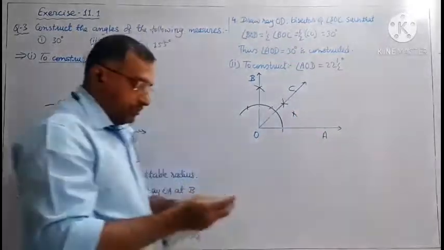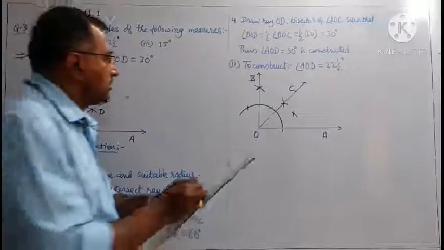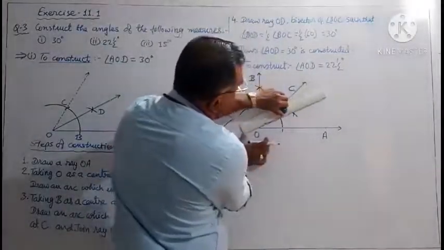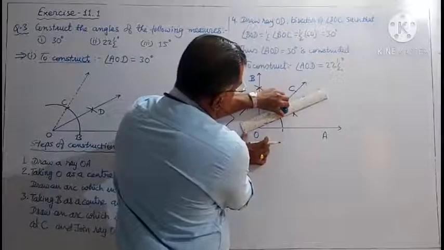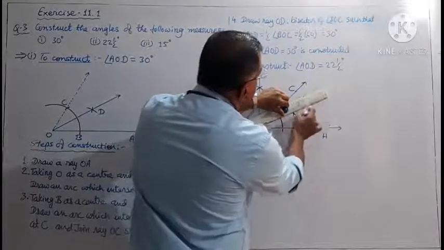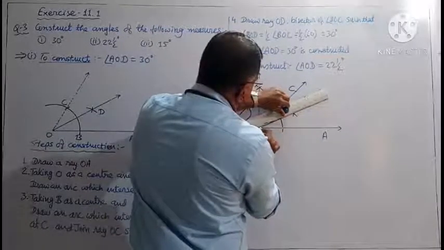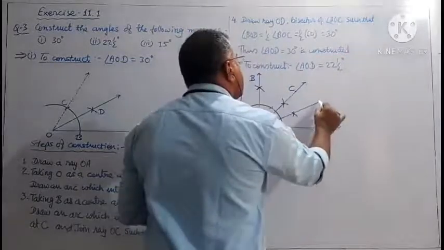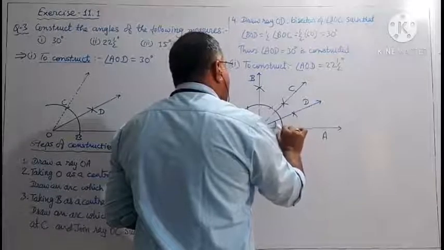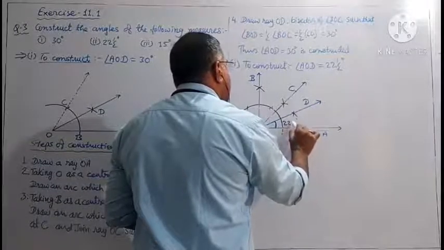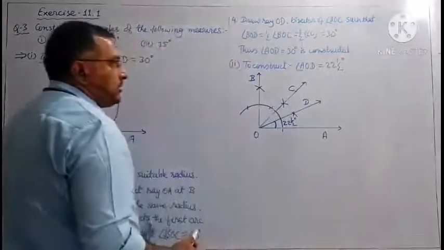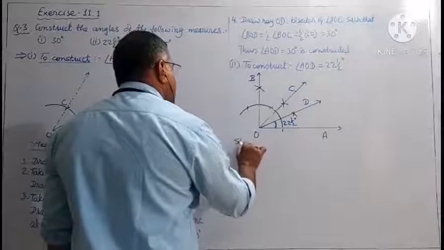So now we can join this and we'll get ray OD, and that is half of 45, and that is angle AOD 22 and half degree. So this is angle AOD, that is 22 and half degree. So let us write the steps of construction.